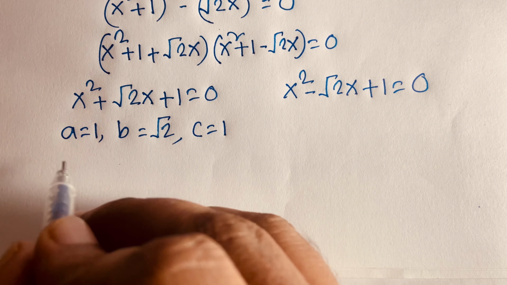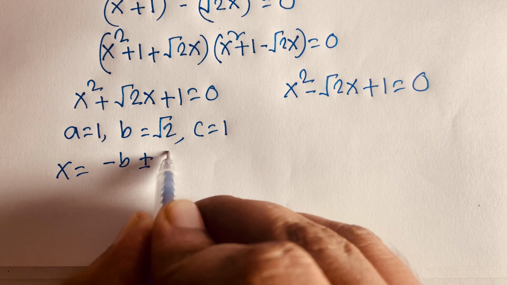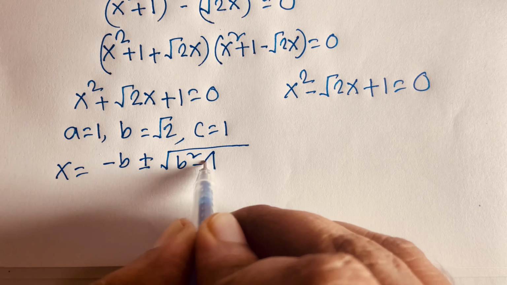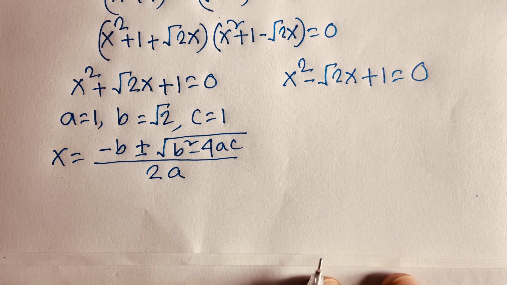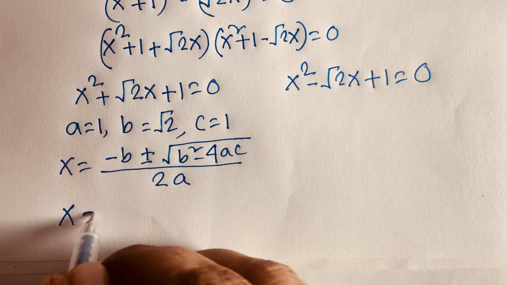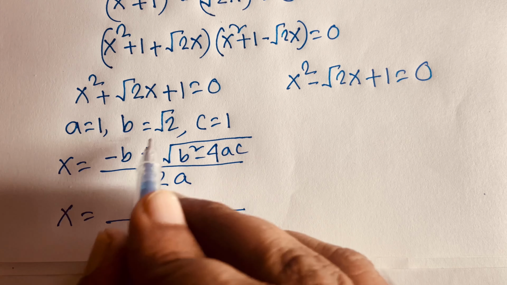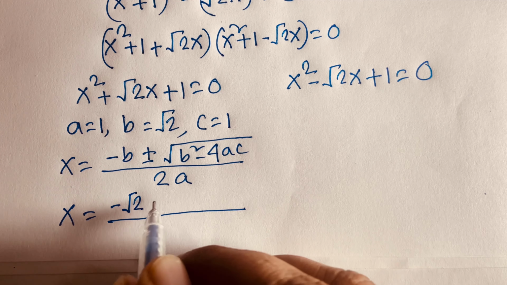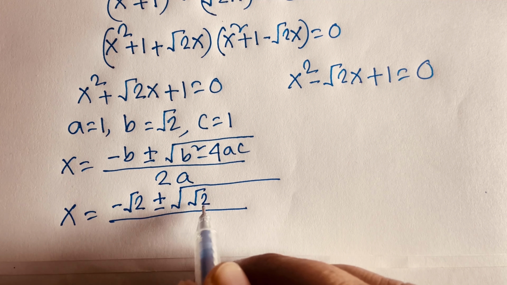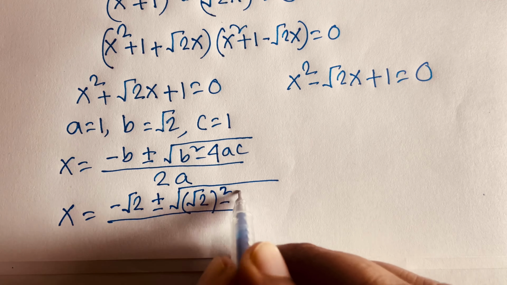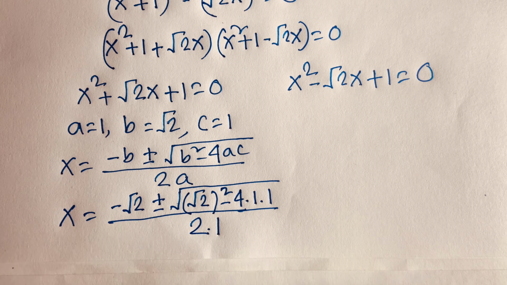Then we know that x = (−b ± √(b² − 4ac)) / 2a. According to these rules I can say easily x = −b. So in this case b is √2, so −√2 ± √((√2)² − 4 times a is 1 and c is 1) over 2a, a is 1.